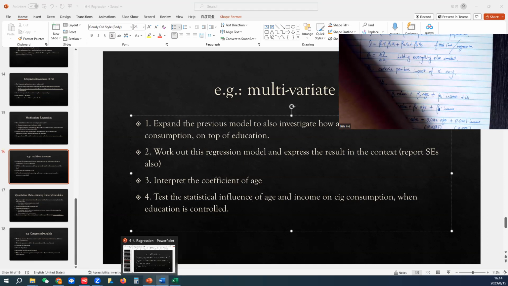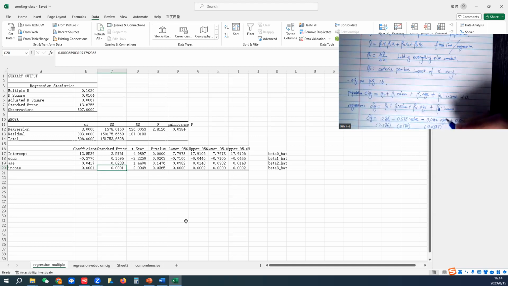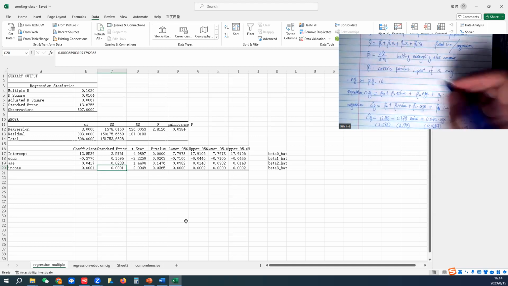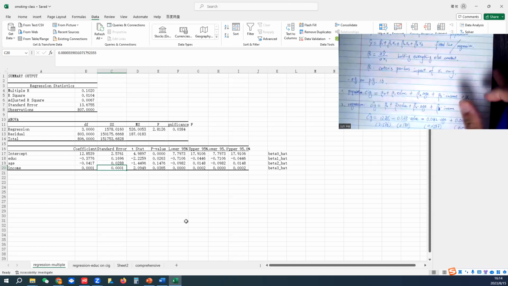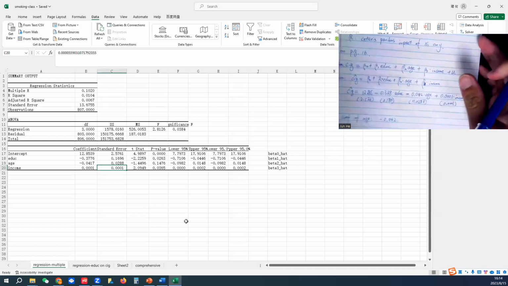So that's question 3. So let's look at this. So question 3, the coefficient of age, that is minus 0.042. So what does this mean?